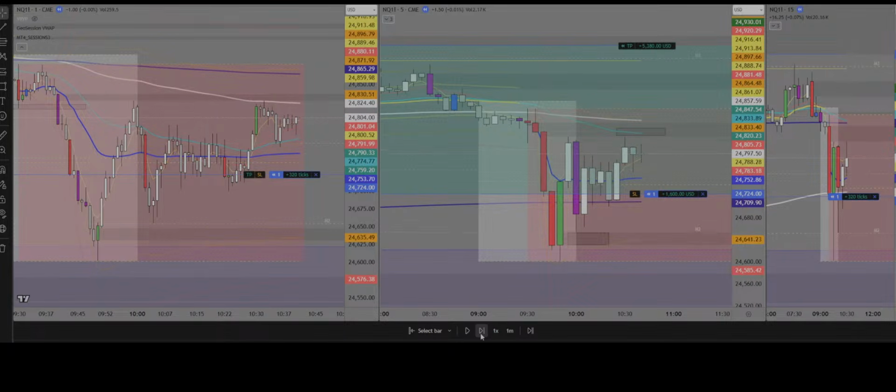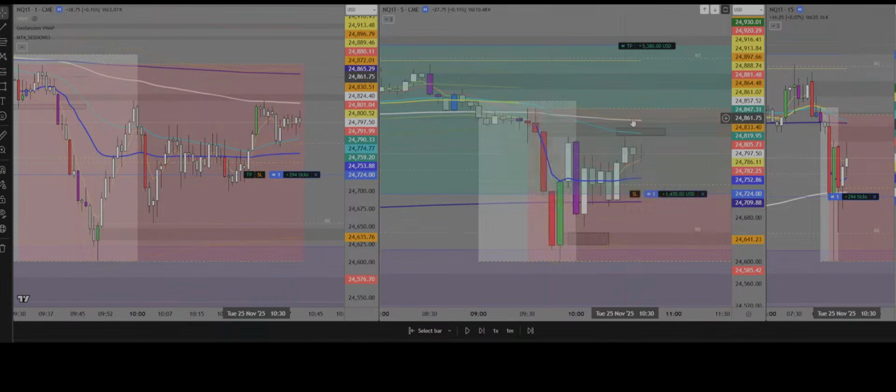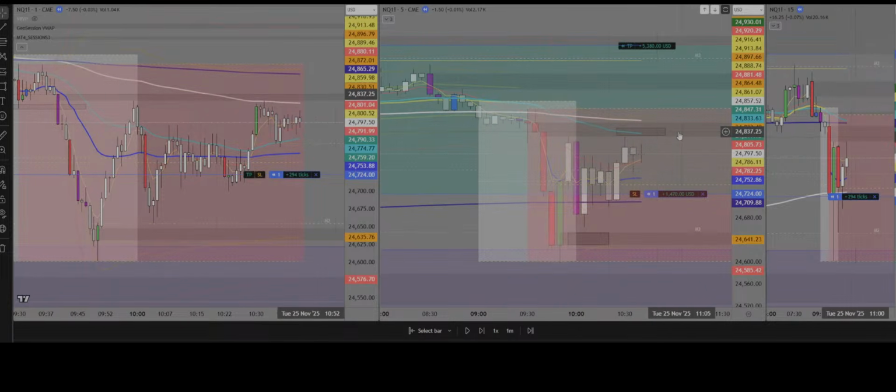It's like, can it actually go? It's like it wants to take out these imbalances here from the open. But it's actually going to do it. It's got to get over the 50. If we get over the 50, it's like smooth sailing.